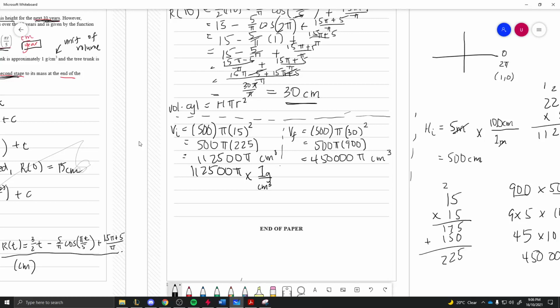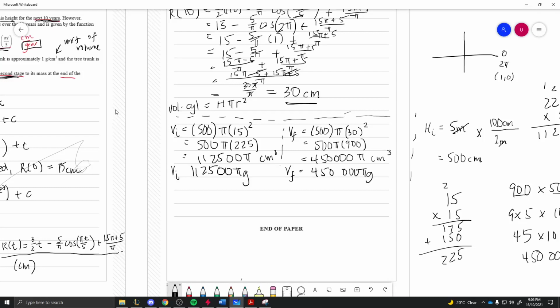You're pretty much just multiplying by 1, because the units cancel nicely. So this is going to be this amount of grams, and then using the same, it's going to be 450,000 pi grams. And this is your V initial.